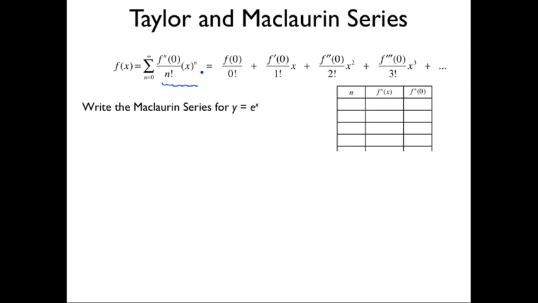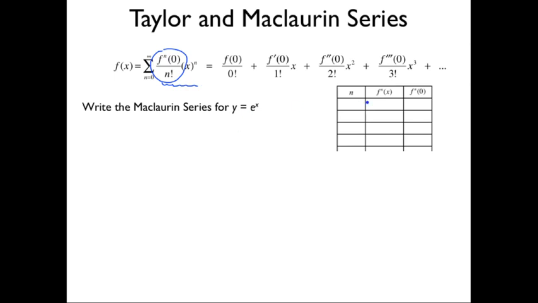So what do we need to do? We need to find these things for e to the x. Meaning we're going to take derivatives of e to the x, and plug in 0 to those derivatives. And for each one, we're going to divide by n factorial, whatever derivative we're on. Once we have those coefficients, we can write down the Maclaurin series for e to the x.